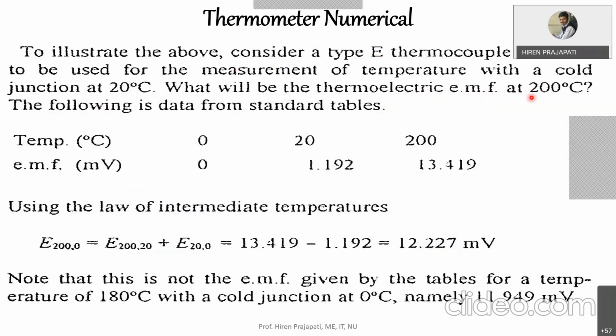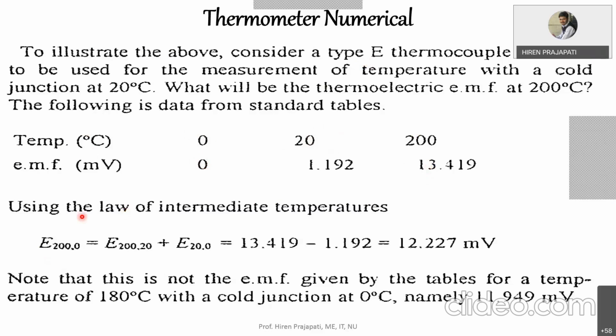The following data is the calibration data of the E-type thermocouple, right? If you look, temperature 0, EMF 0; the hot junction temperature 20. Please remember our calibration temperature, or the reference junction temperature, is 0 degrees Celsius, right? If we now increase the hot junction temperature, then the EMF is increasing, right? So this is the calibration temperature.